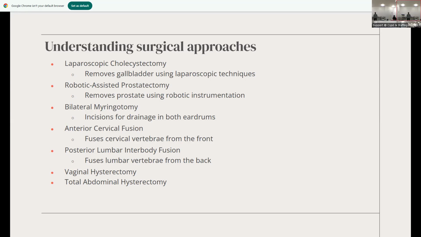And then vaginal hysterectomy. So it has to do with the reproductive part, the uterus, of the female. And then total abdominal hysterectomy. Sometimes they will not say the whole word. They just say abdominal hyst or vaginal hyst. It's the same thing.